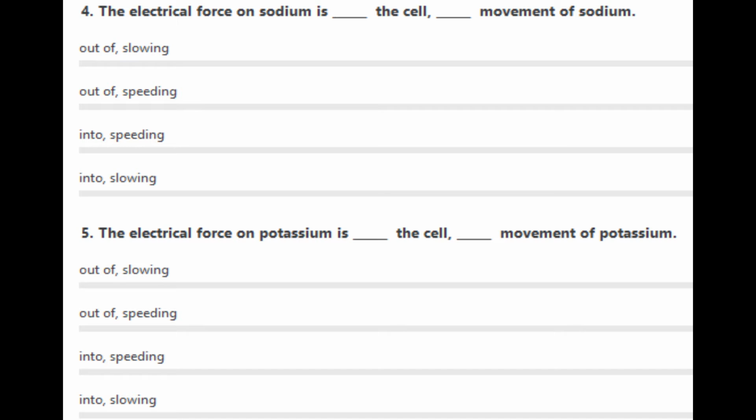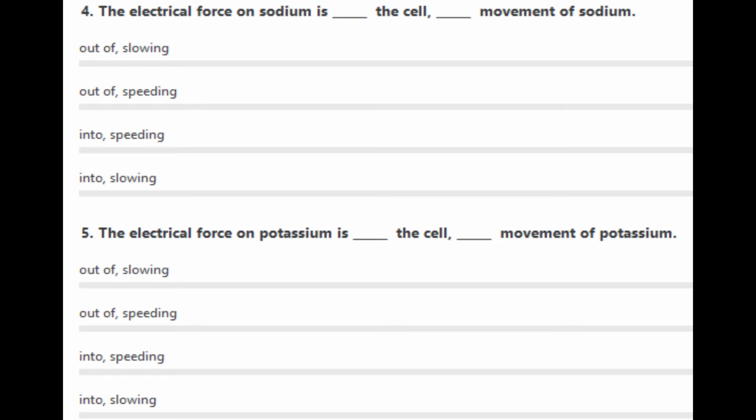Now for the second part of this question, we're trying to figure out what this does to the movement of sodium. So really we're talking about how this changes the rate of that movement. Here for the second part, we're comparing whether that electrical force is competing with our chemical force or whether it's going in the same direction and therefore magnifying that force.